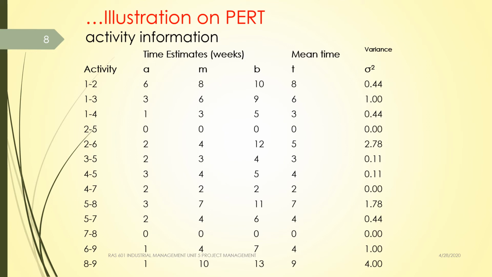It is calculated for the different values of pessimistic and optimistic time. The values are 0.44, 1, 0.44, 0.0, 2.78, 0.11, 0.11, 0, 1.78, 0.44, 0, 1, 4, etc.